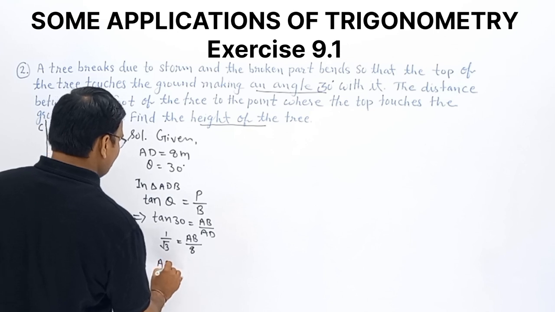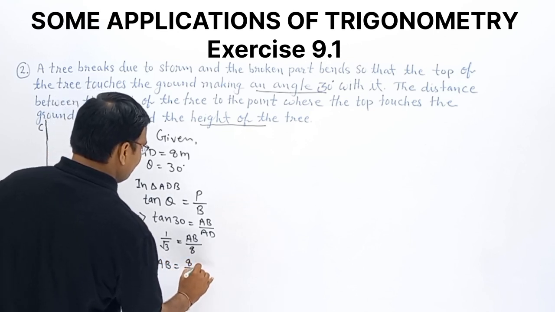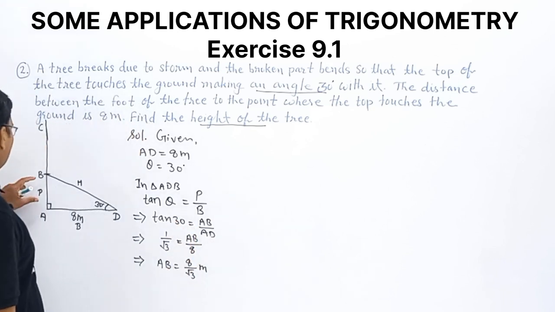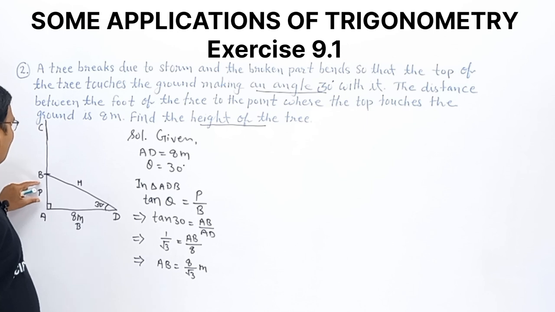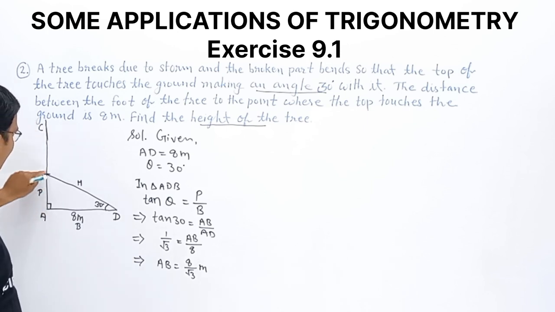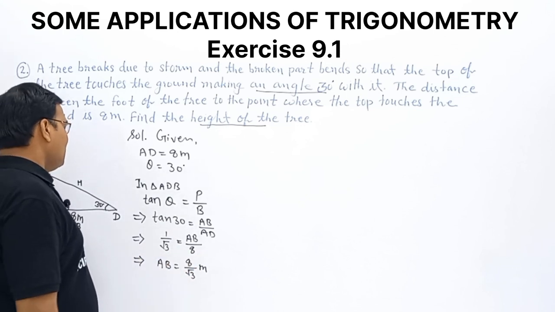AB will be 8 upon square root of 3 meter. This is the remaining part of the tree. AC is the tree, but it breaks from B, so we obtain this part AB, which is 8 upon square root of 3 meter.